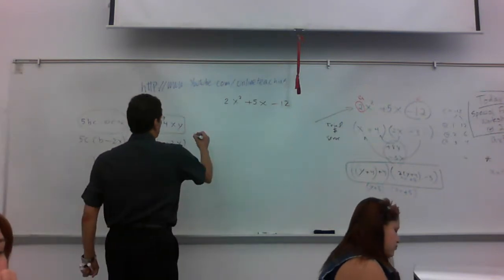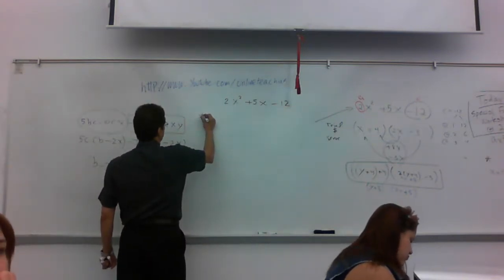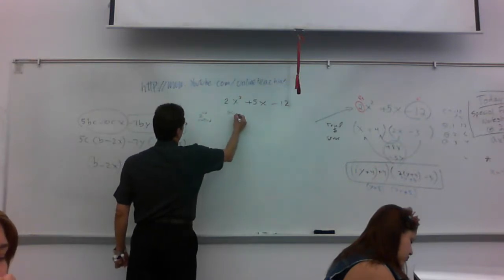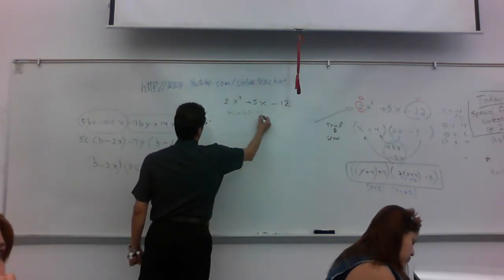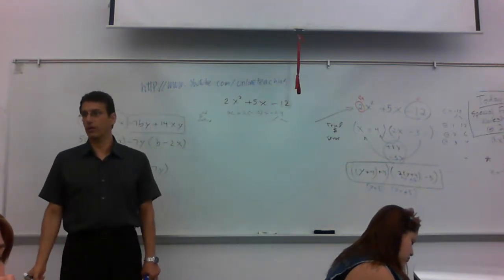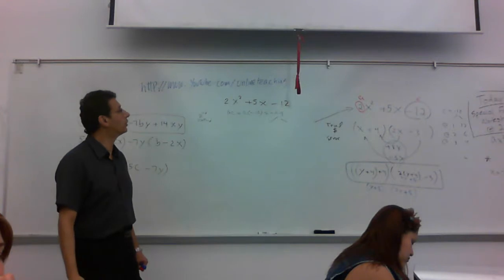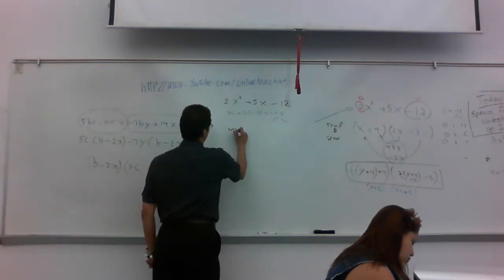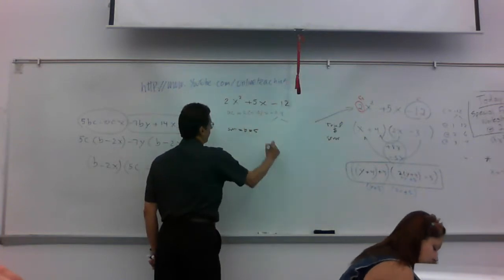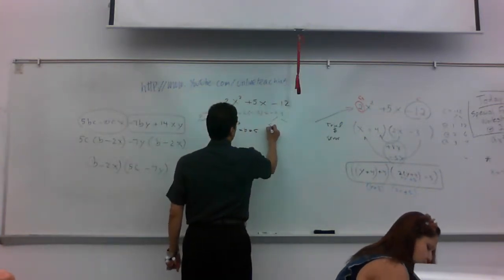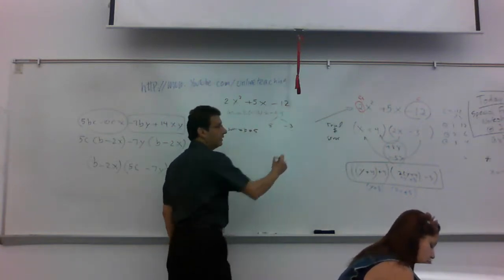The second method, which was by grouping, you look at A times C, and now you say you want two numbers, right? Such that the product is AC and the sum is B. What are those numbers you were saying? 8 and negative 3. 8 positive and 3 negative, right?